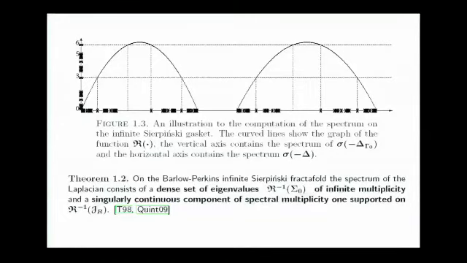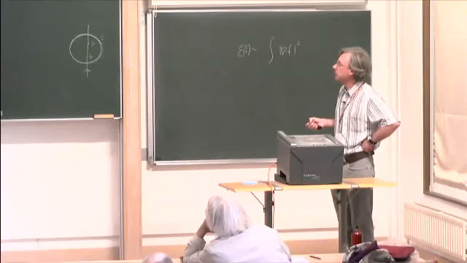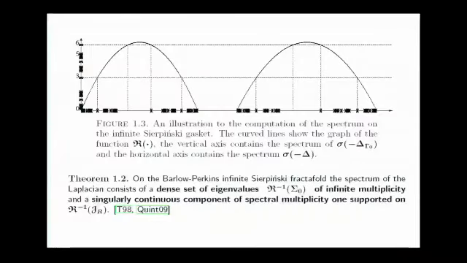There is some kind of transcendental function, and you compute the spectrum on a graph, and eigenvalues are algebraic numbers. But then this transcendental function transforms into eigenvalues which are not algebraic, but all eigenvalues are computable explicitly.